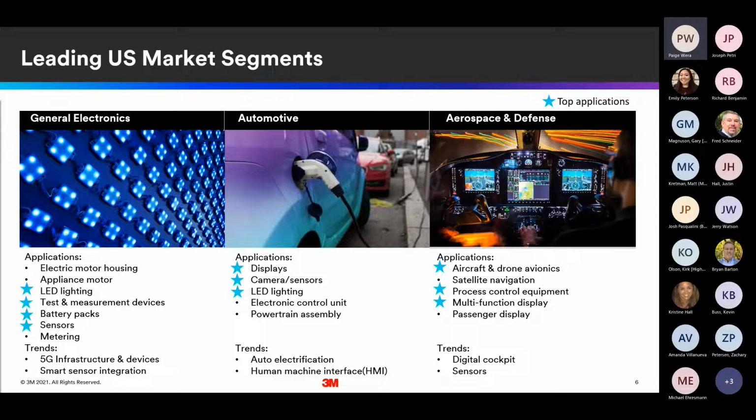For our automotive applications, we're going to cover EV and gas vehicles, ranging from displays and sensors to power electronics, kind of like that general electronics area. So in addition to those, we're really seeing anything related to EV or autonomous vehicle related, because those parts are having to do more things.